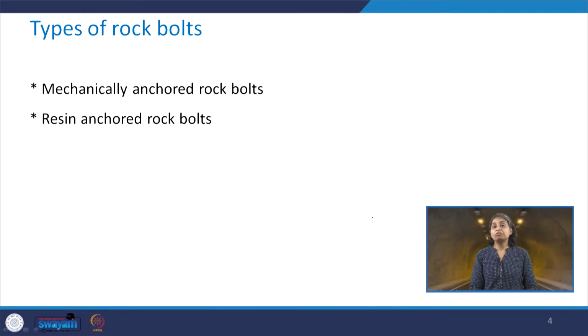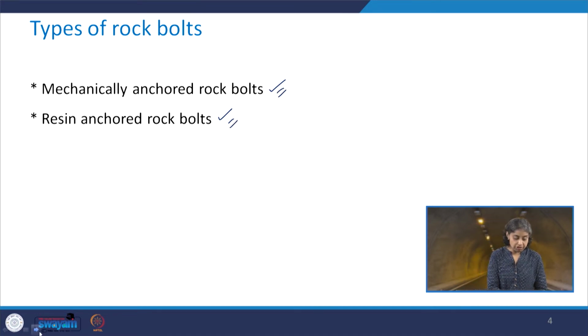Then the types of rock bolts available are two: mechanically anchored rock bolts and resin anchored rock bolts. There is a different mechanism of anchoring the rock bolts to the rock mass for each of these.